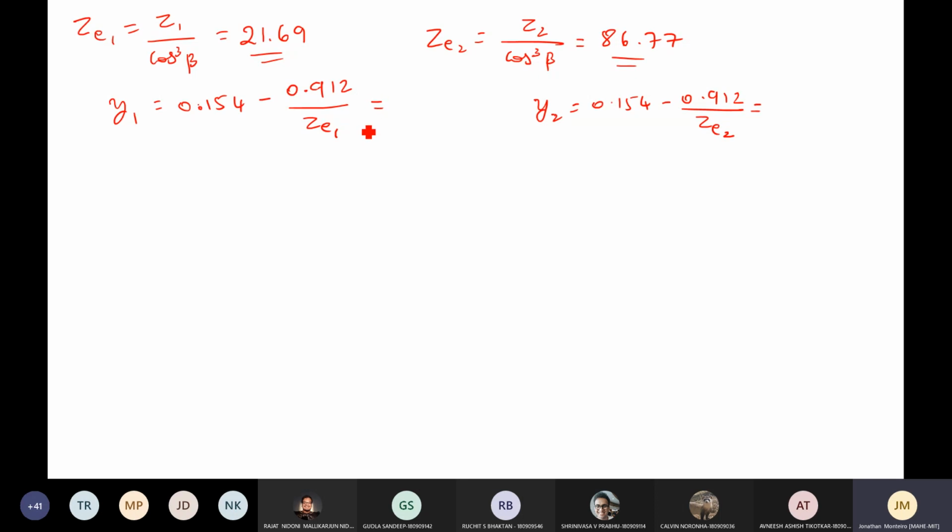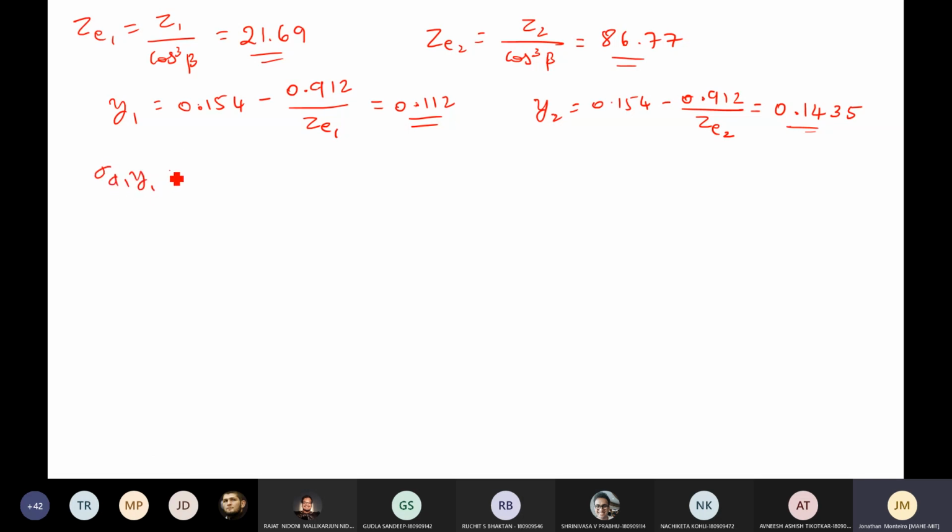So if you do this, how much is Y1? 0.112, correct. And Y2 is 0.1435 we are going to get.